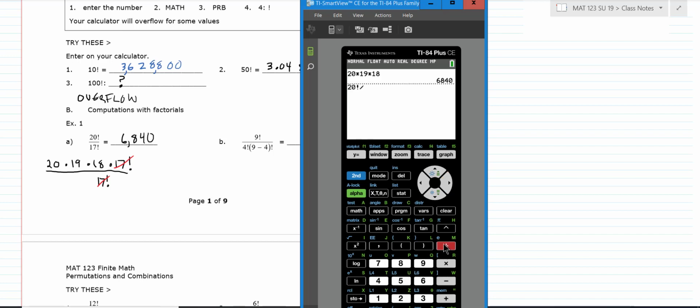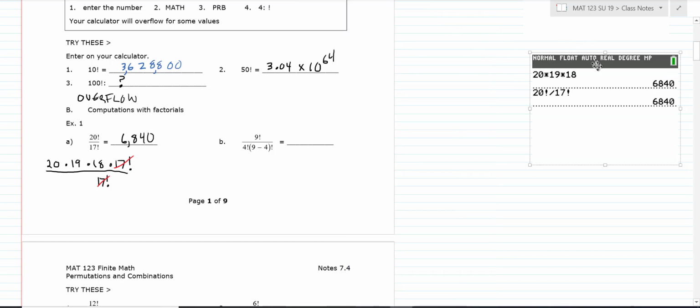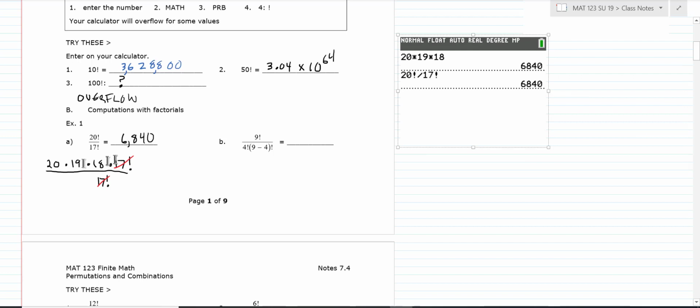Then we could go divide by 17 factorial. You could do it like this, but I want you to know how to do this both ways. So it's good to know how to write those things out like that. I prefer you know how to do it this way and then check on your calculator.